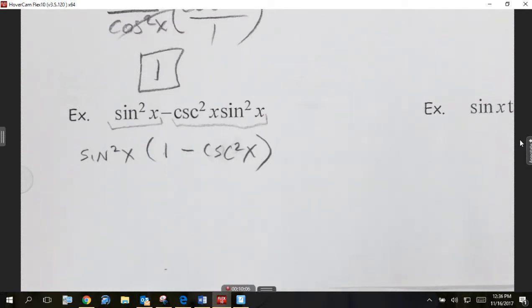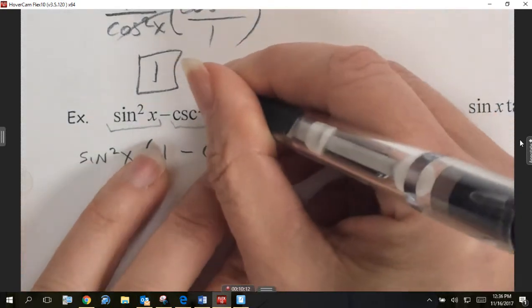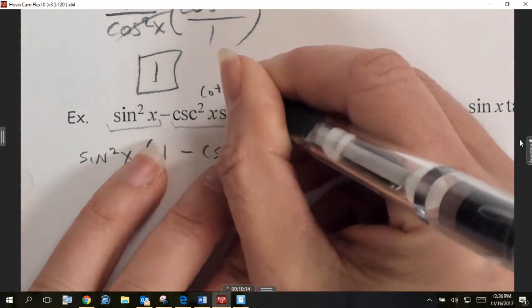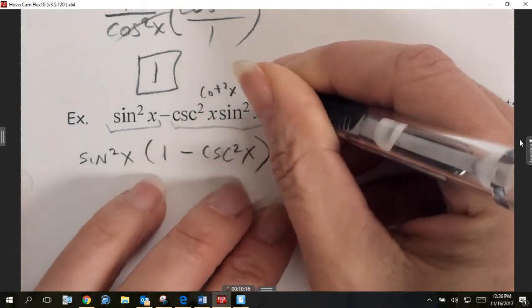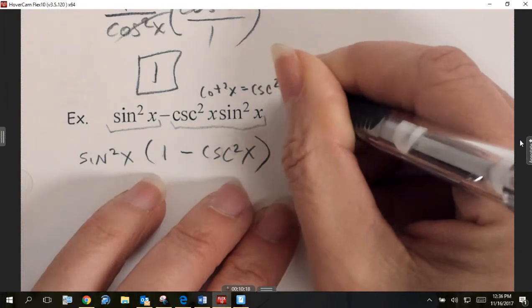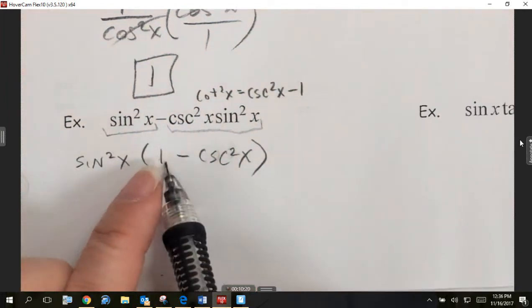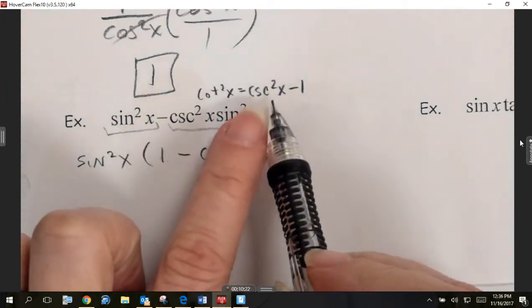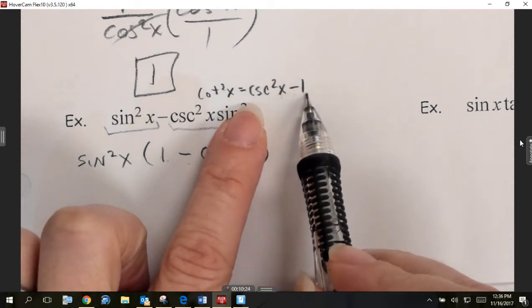Oh, okay. Tell me what that identity is. Cosecant squared minus 1. Okay, so this is 1 minus cosecant squared. Here it's cosecant squared x minus 1.